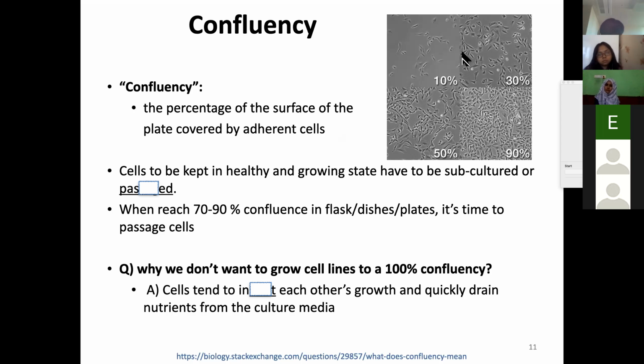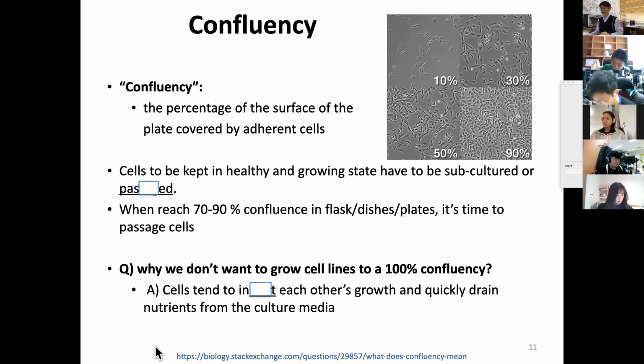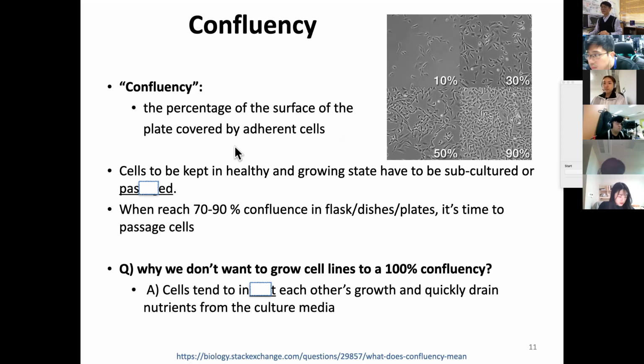Okay, so here you can see the definition of confluency is very easy. It is the percentage of the surface of the plate covered by adherent cells. We are talking about adherent cells, cells that grow touching on top of this flat cell culture plate.